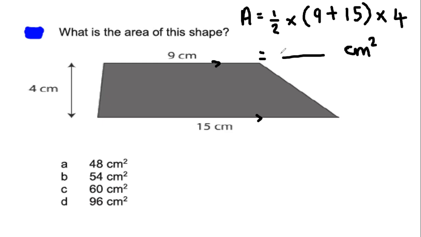All right. So what's the answer? A. 48? Yes, sir. Then what did you do? Sir, I added 9 plus 15, I got 24 and divided by 2, which gives 12. And then I multiplied 12 by 4 and I got 48.